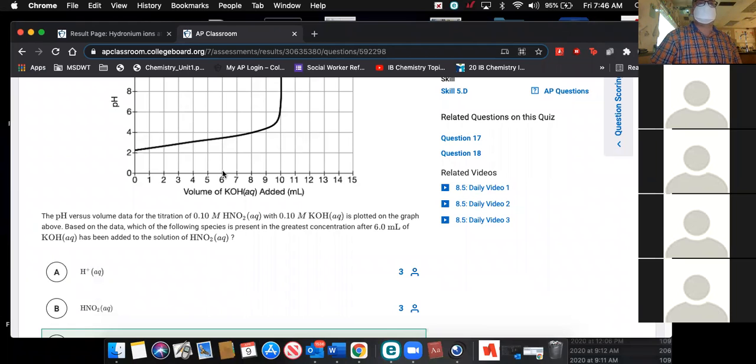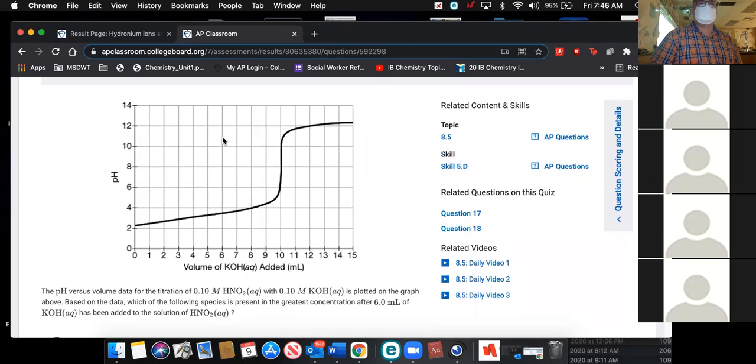So 6 milliliters is here. The actual point of neutralization or the equivalence point is 10. So what's half of that? 5. We are at 6 milliliters, so we are above 5.